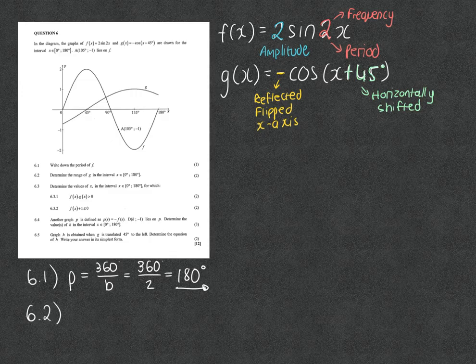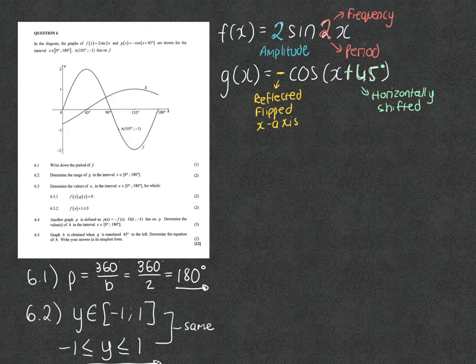So for the range, we can say either or: y is an element of square bracket minus 1 to 1, close square brackets, or you could have also said minus 1 less than or equal to y less than or equal to 1. Okay, so either or, same thing, right? Okay, and that is your answer for 6.2. Let's have a look at 6.3.